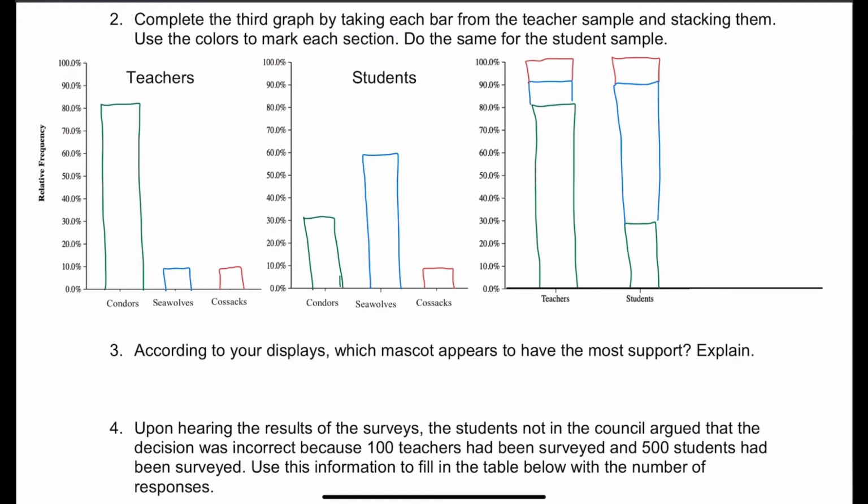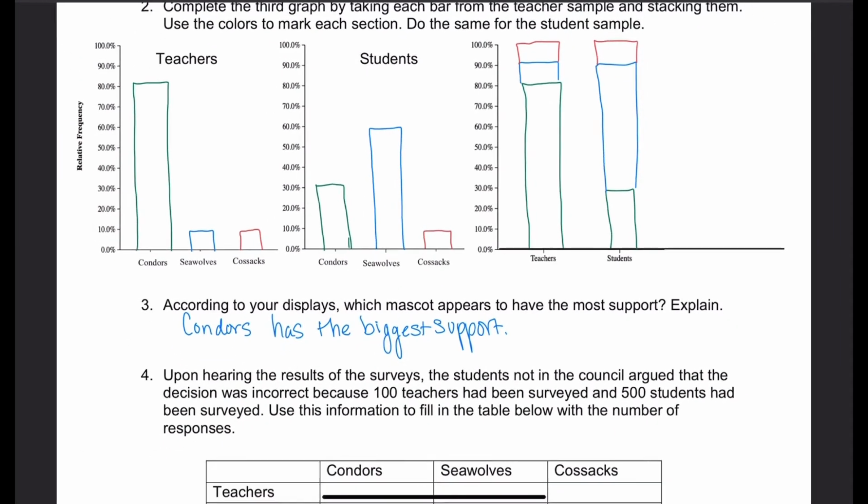Most of the teachers wanted it, and if we combine that with the percentage of students who wanted it, that should mean that the condors has the biggest support. But not as all as it seems.